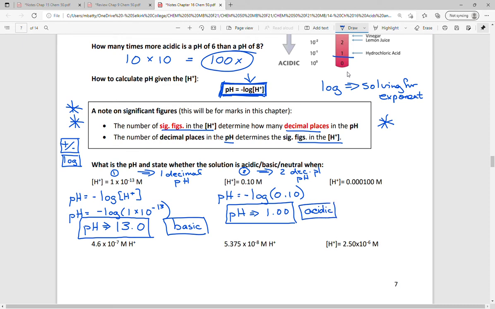You might notice a correlation here. When we just have 1 times 10 to the negative something, we really are just solving for the exponent, or how many times we've moved the decimal place over. So this one, without using my calculator, I know that the pH is going to be 1, 2, 3, 4. So that's going to be a pH of 4. Let's check that with our way of using our calculator. So we'd want the negative log of this number.